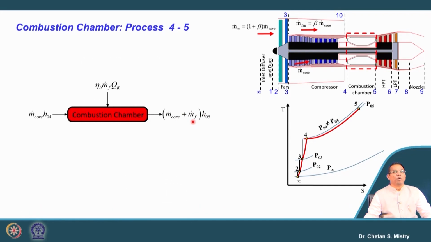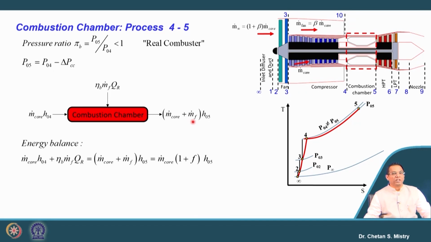Now, let us look at the next component, our combustion chamber, and for this combustion chamber we have our entry conditions known to us. We have the drop of pressure which is happening in the combustion chamber, that will give the exit pressure from the combustion chamber, or we can say the entry pressure to my turbine.